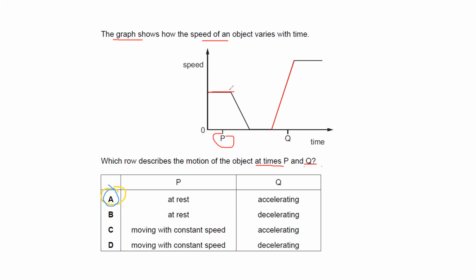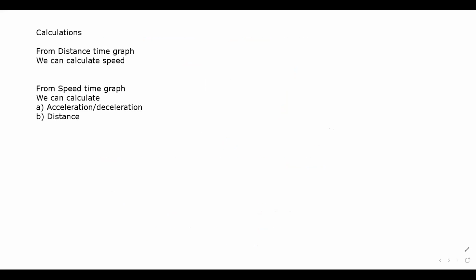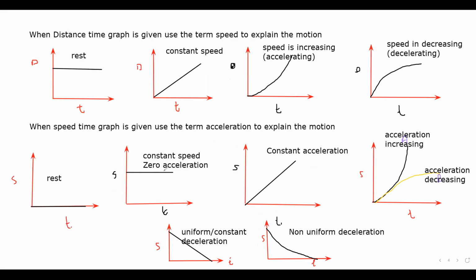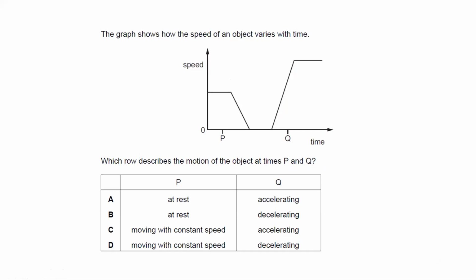It's a horizontal line above the origin. It's not on the origin, it is a horizontal line above the origin. So when it is a horizontal line above the origin, as you can see here, we can say it is constant speed. So at P, it is moving with a constant speed or zero acceleration.